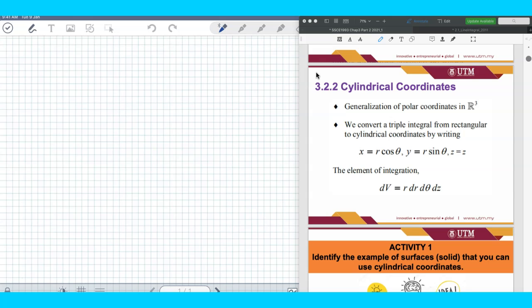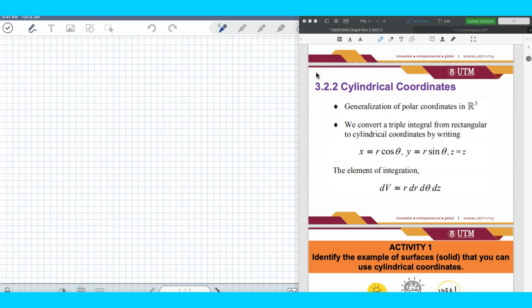The idea is that x and y we convert into r and theta, but because we add another variable in the 3D system to get the solid, we assume that z is z.